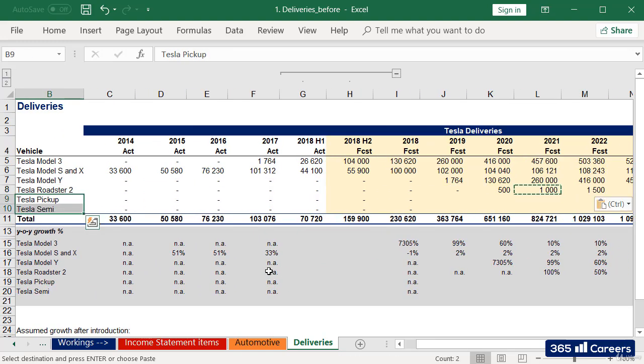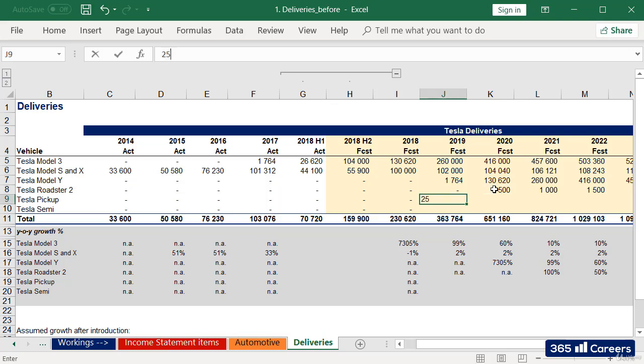All right. The last 2 models Tesla plans to introduce at some point in 2019 or 2020 are the Tesla Pickup and the Tesla Semi-Truck. Both of them have seen strong interest from customers, especially the Tesla Semi-Truck, with multiple pre-orders for 100 and more vehicles coming from companies like Pepsi. Let's assume Tesla will deliver 250 units of both the Tesla Pickup and Tesla Semi in 2019.